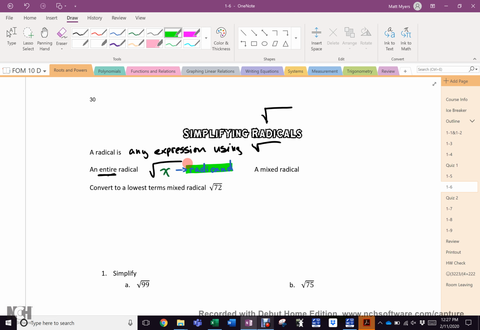A mixed radical has a radical symbol because it always does. It has a radicand because it always does. But it also has this, which is a coefficient.